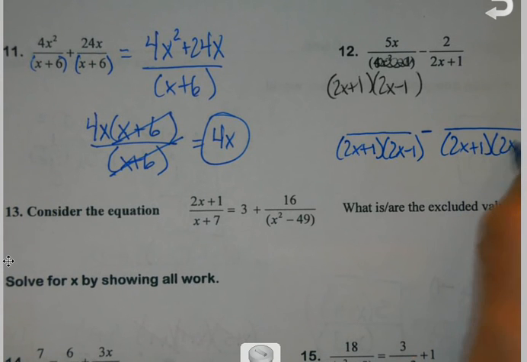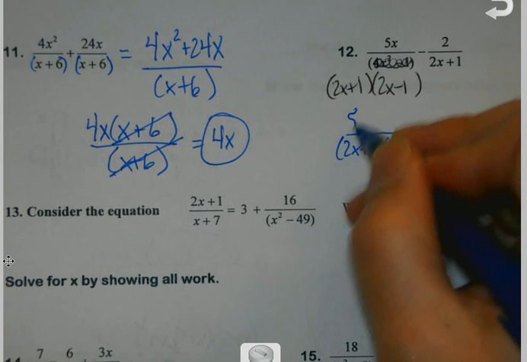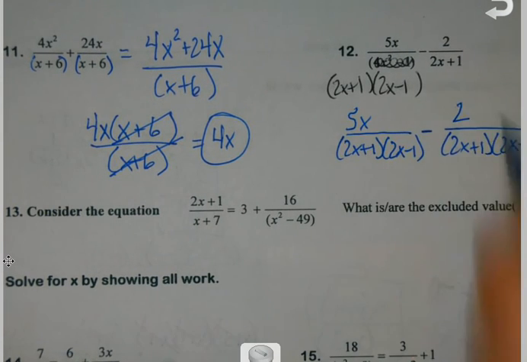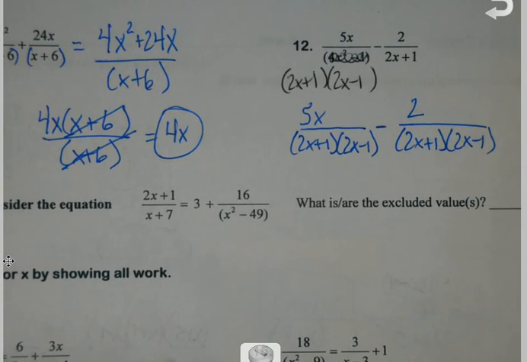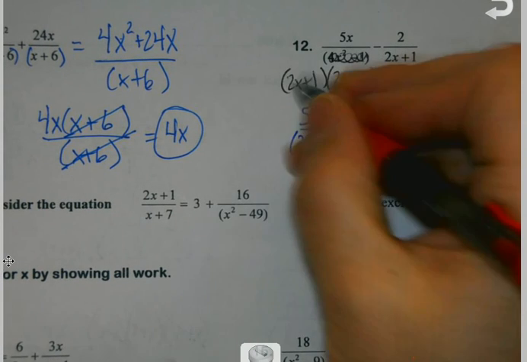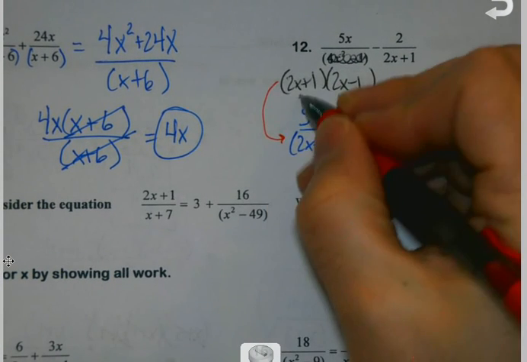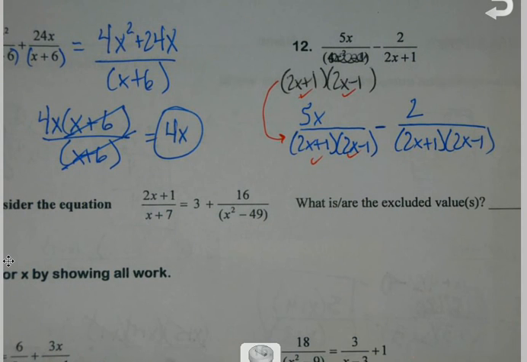And the crew that I already had take a test on this had some issues with it, so we're going to really buckle down on this to make sure you guys don't. Okay, so I get my common denominator. 2x plus 1, 2x minus 1. First one, check, check, check, check. Okay, we're all good.